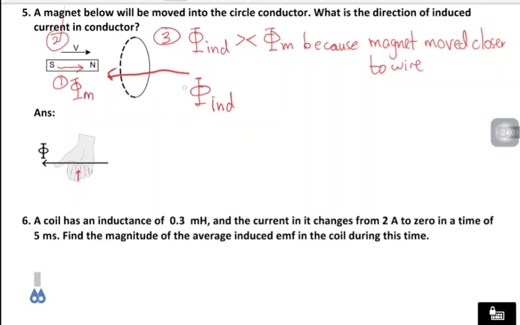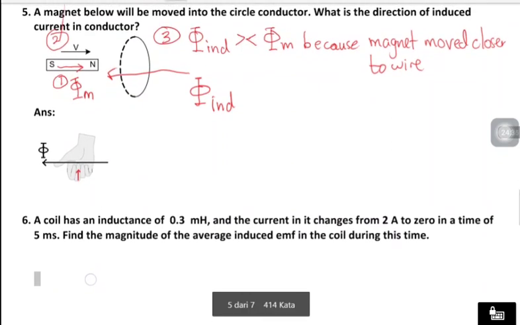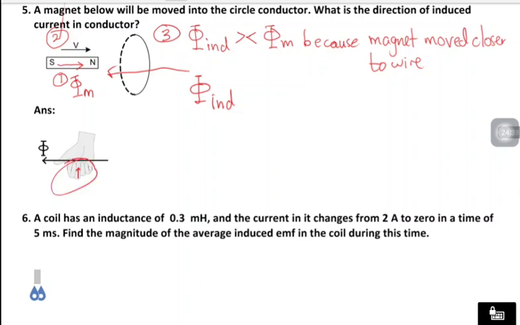This is step number 3. Then using the right hand rule, if our right hand makes a fist, the thumb shows the direction of flux, then our fist shows the direction of current, so we get this direction of current to upside.